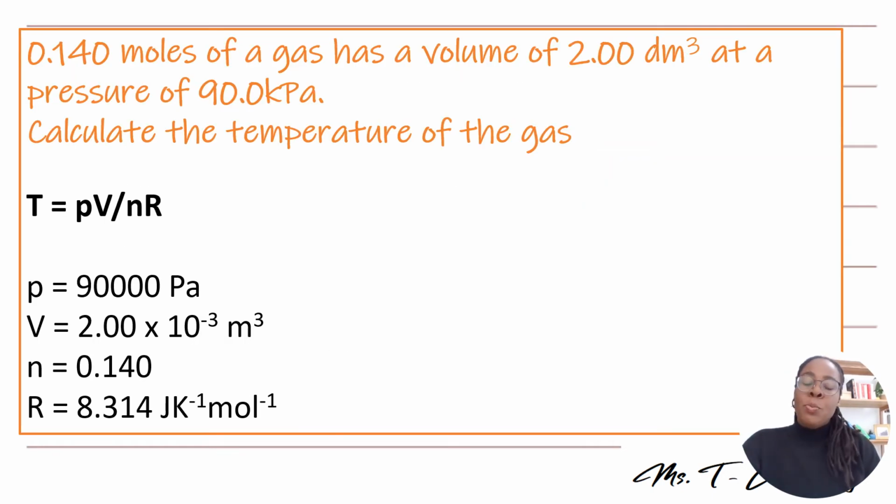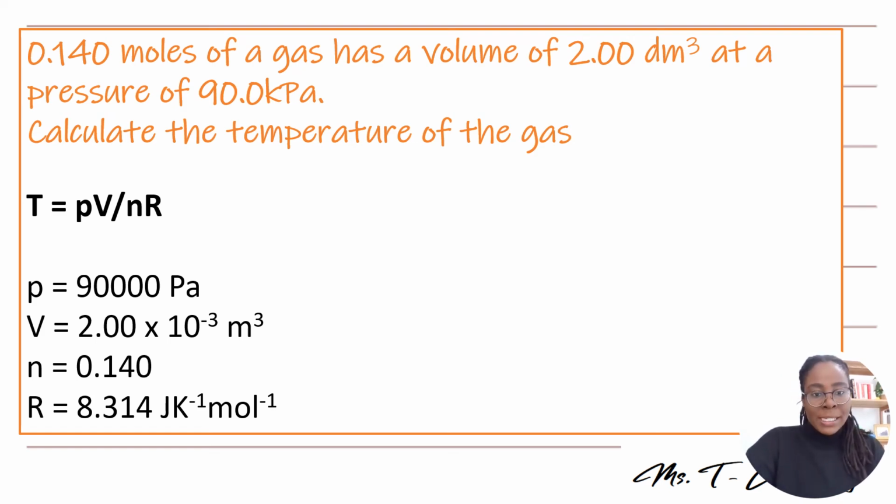For our next question, 0.140 moles of a gas has a volume of 2.00 decimeters cubed at a pressure of 90.0 kilopascals, and we're calculating the temperature. So we can rearrange our ideal gas equation to make temperature the subject. Temperature equals PV over nR. Now, before we put anything into our new expression, we're going to make sure that all of our quantities are in the correct units.